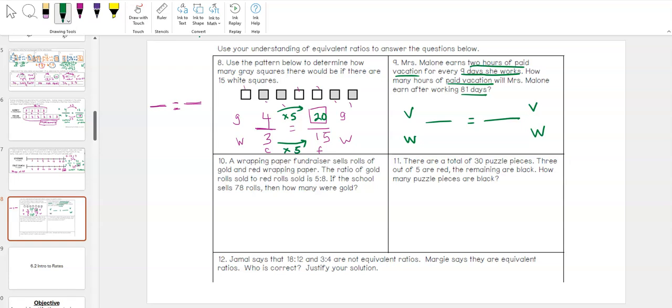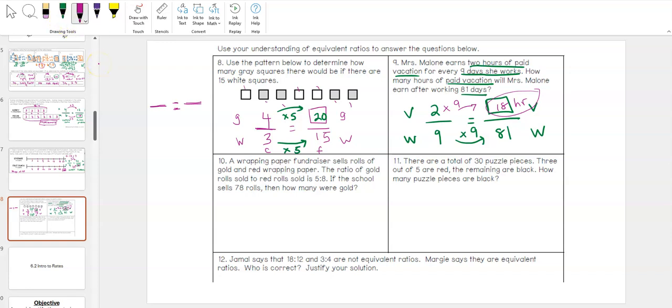Vacation and work. Currently, I get 2 hours of paid vacation for every 9 days that I work. If I work 81 days, how many hours of paid vacation? Same thing. 9 times 9 is 81. So 2 times 9 will get me my answer. That's 18 hours of vacation.